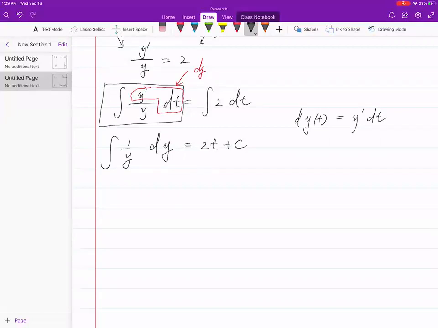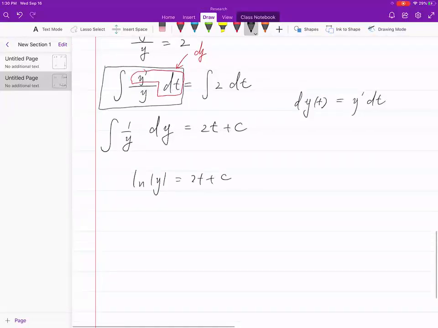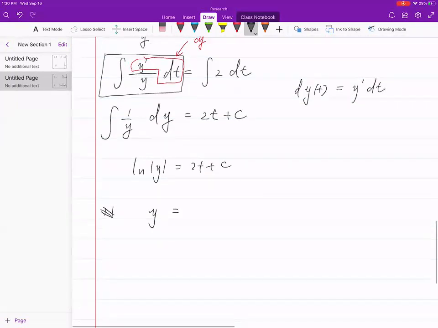Once it's in terms of dy, what's the antiderivative of 1 over y? What's the antiderivative of 1 over x? It's the same thing. That's ln y. Technically it's ln of absolute value of y, but we know y is going to be positive. So either way, let's just do that. Then what is y? Let's ignore the bar because we're dealing with positive here.